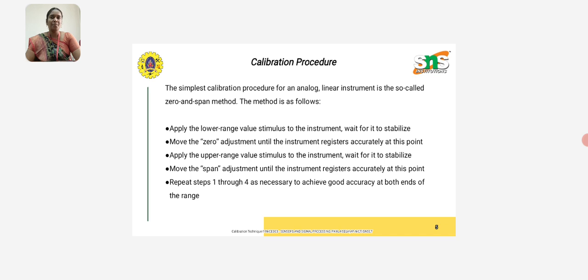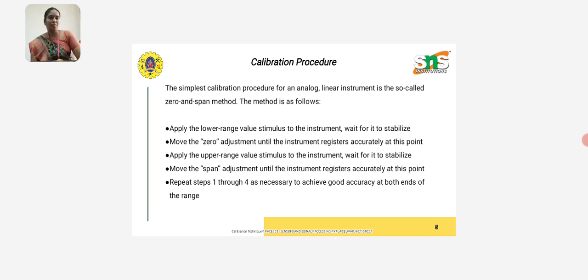For example, the requirement of similarity for a flow measurement is that the Reynolds numbers must be equal, so the two Reynolds numbers are checked to be equal. This can also be used to predict the performance of a large meter from the performance of a small meter.